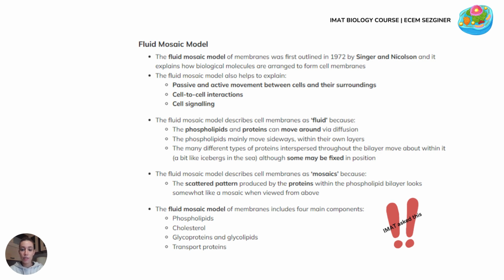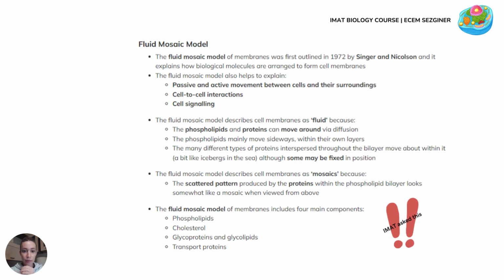Before we deep dive into the elements of the plasma membrane, there is a model and a bit of history that you should know about: the fluid mosaic model, the model that describes the properties and how perfect the plasma membrane structure is for being semi-permeable, selective and protective towards material exchange.